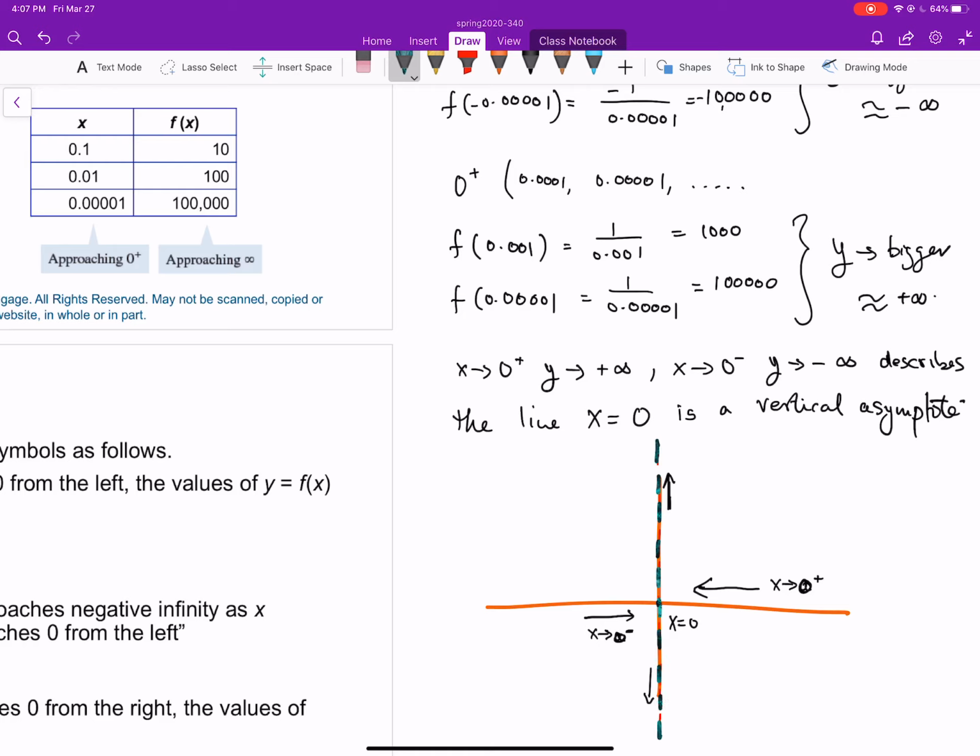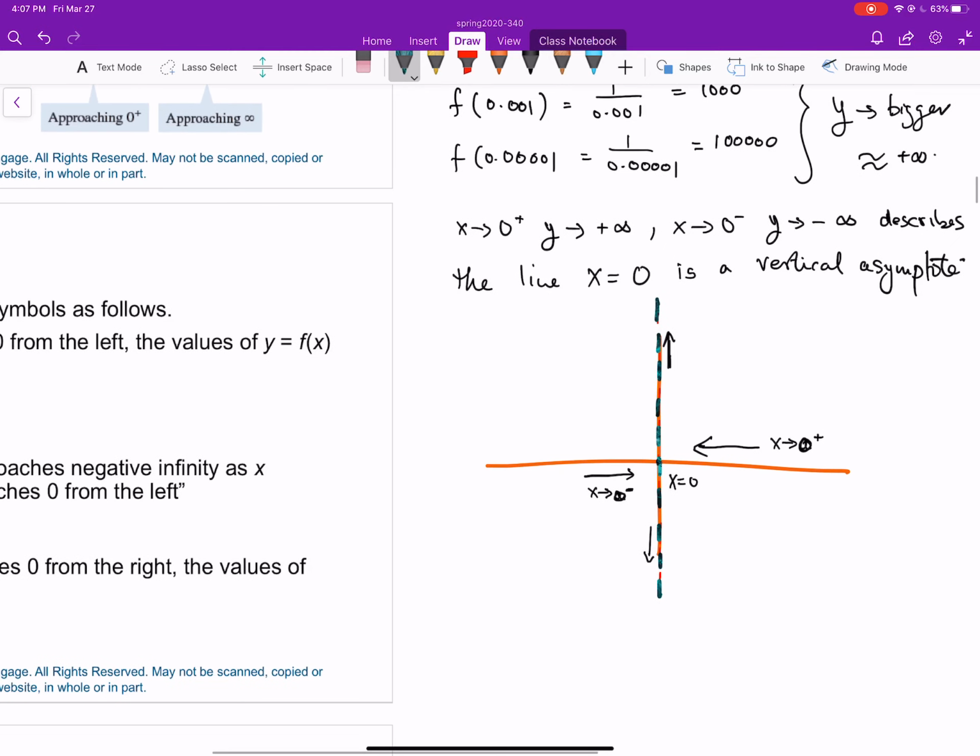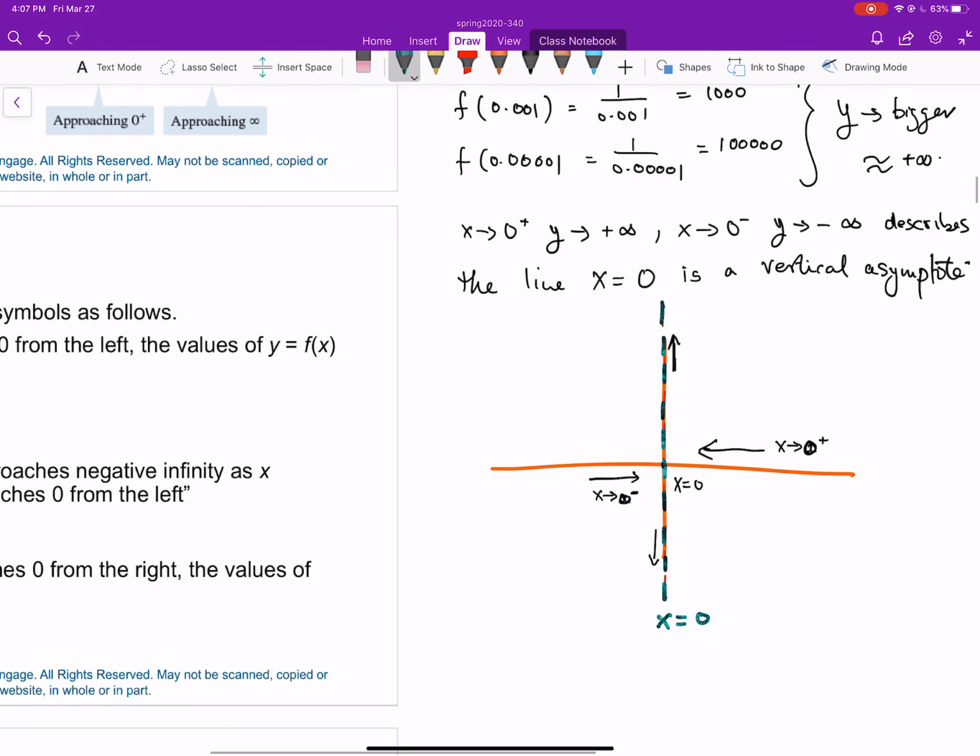This line over here, which I get close to as I come from the right and the left of x equal to 0, is what we are calling the vertical asymptote. x equal to 0 is the vertical asymptote. They are both equations. All right, so both the horizontal and vertical asymptote are equations of lines. So you need to show in your work that you have x equal to a number or y equal to a number to describe the asymptotes.